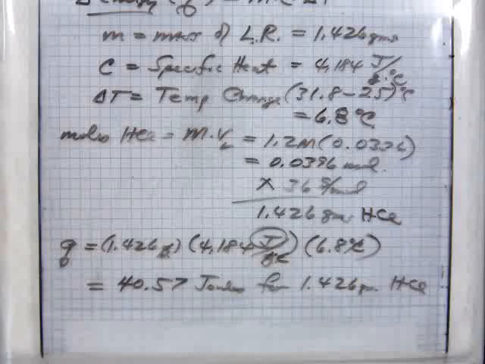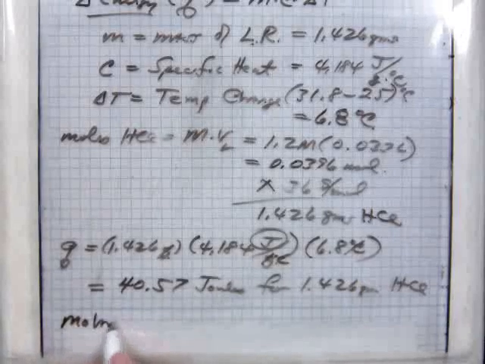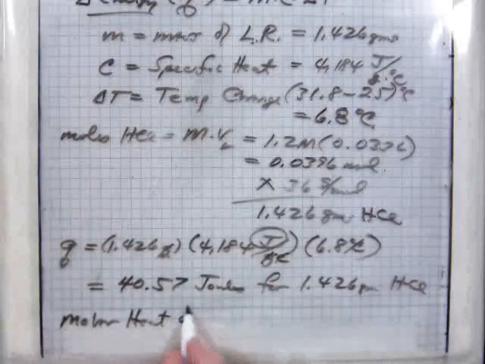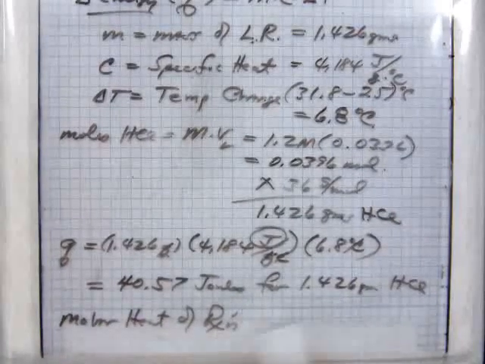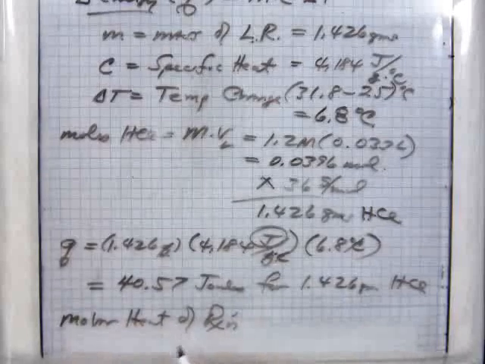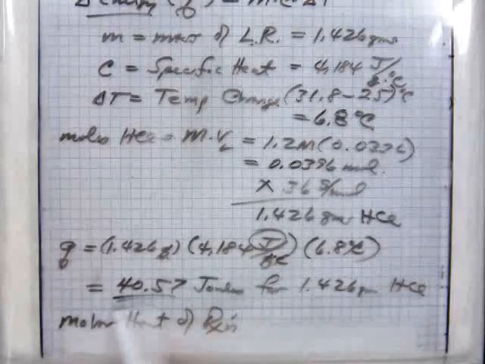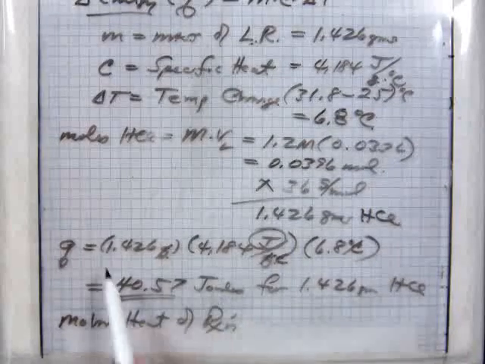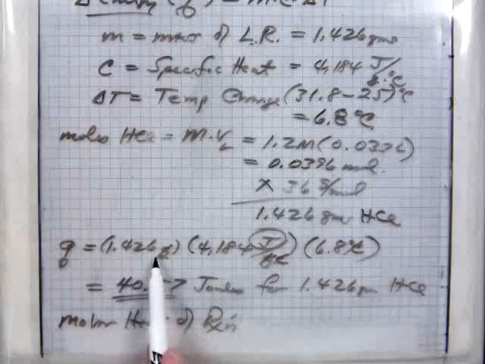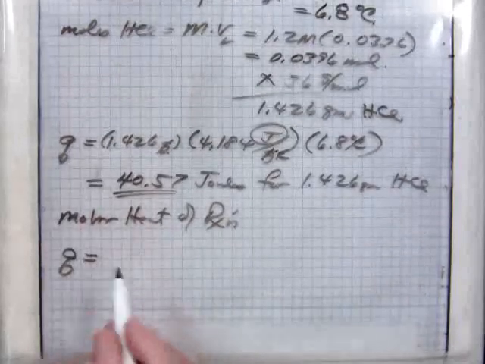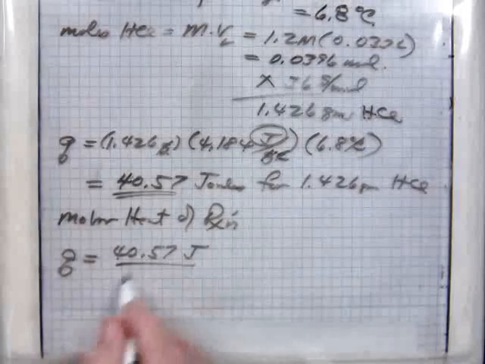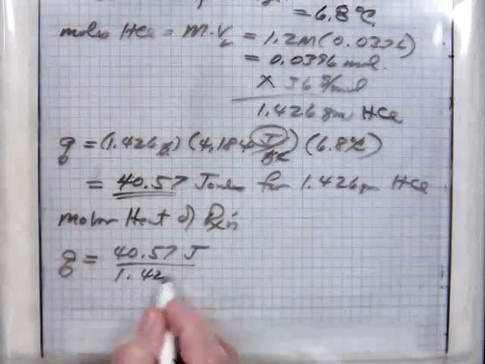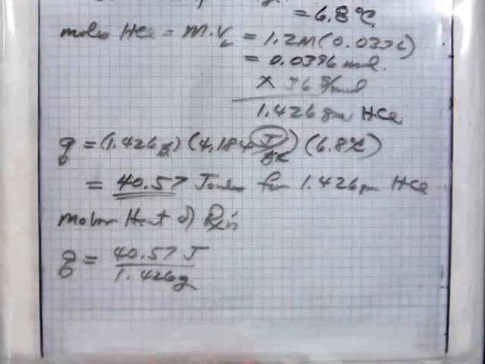What does that mean? So molar heat of reaction is normalizing this energy change with respect to per mole. And this number, 40.57 joules, is per 1.426 grams. So what we've calculated, Q, is 40.57 joules per 1.426 grams right here.